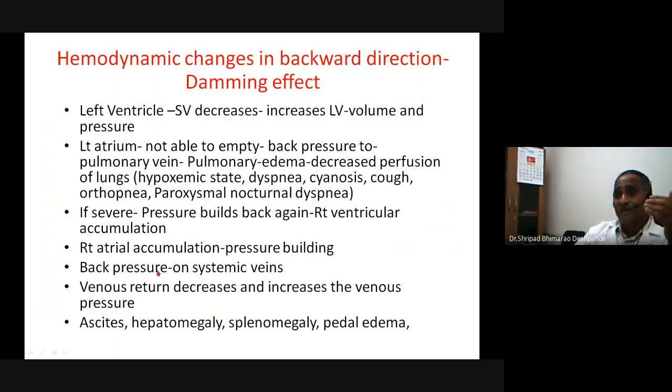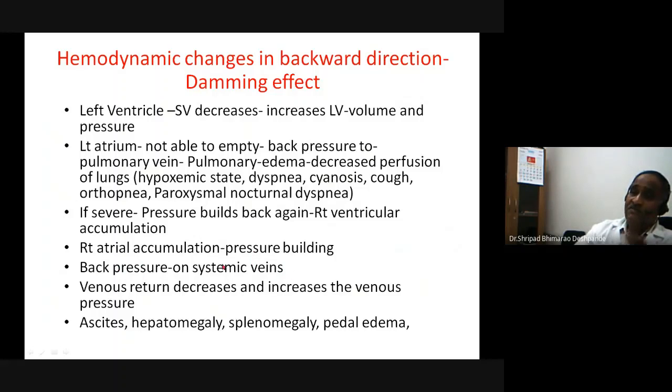That reflects back on the right atrial accumulation, and this right atrial accumulation builds up. So then the venous return diminishes, because venous return exists since the right atrial pressure is nearly zero or a little lesser than zero, -1, so that the blood flows from the lower extremity into the right atrium.